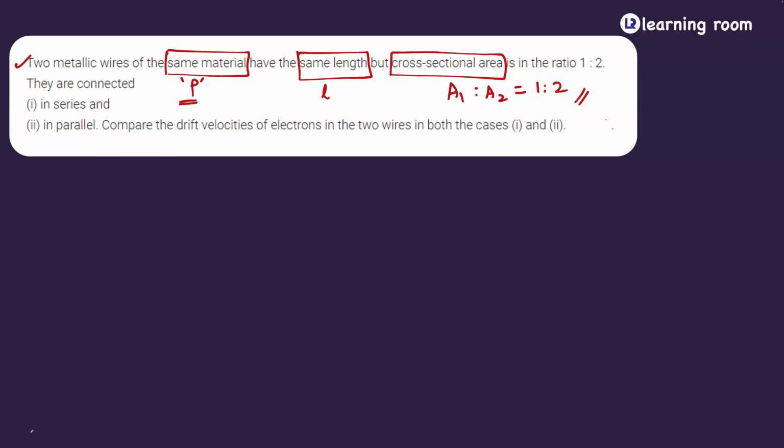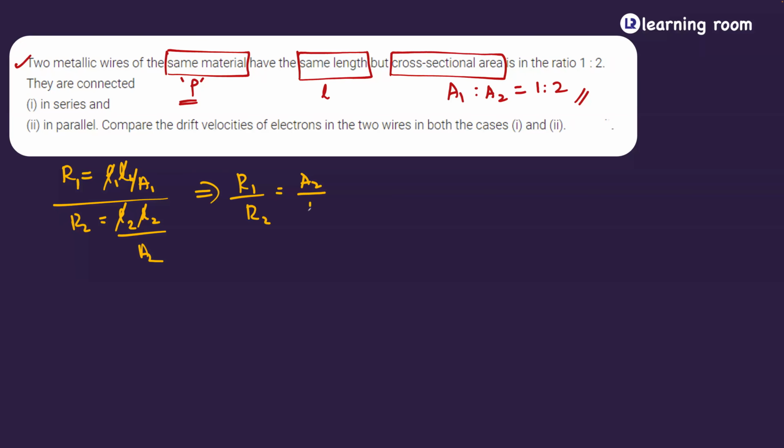Correct? See, first of all, we know that R is equal to rho into L divided by A. So R1 by R2 is equal to rho 1 L1 by A1 over rho 2 L2 by A2. So rho 1 and rho 2 are same, L1 and L2 are same. So what will you get? This implies R1 by R2 is equal to A2 by A1, which is going to be 2 by 1.